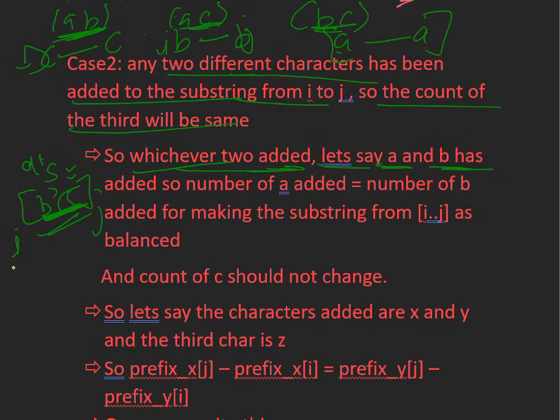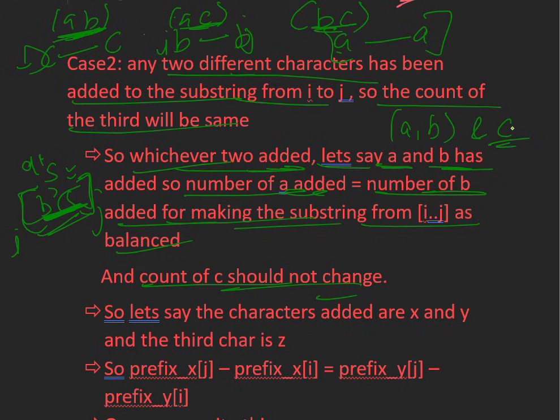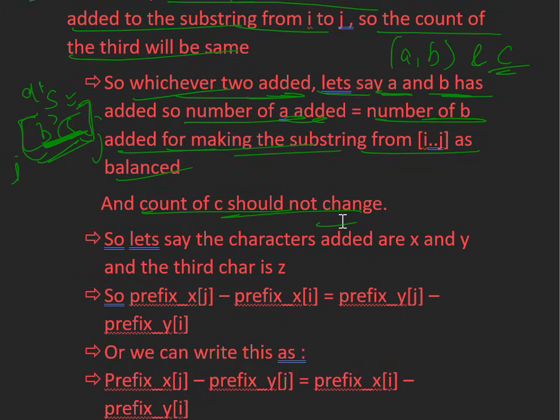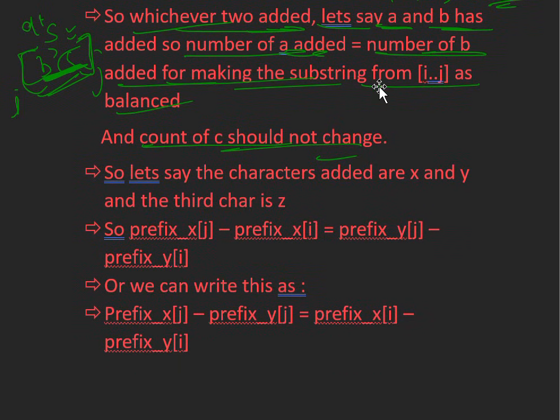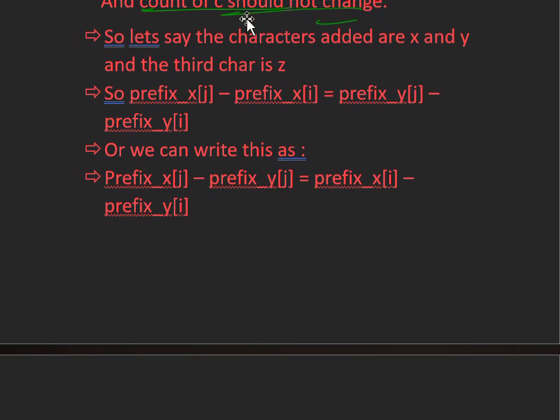Because no C is there in this string, so for this substring to be balanced, the number of A added equals the number of B added, right? And count of C should not change. I am taking the example as A and B added and C constant. So in this case, the number of A added is equal to the number of B added, and count of C should not change. So let's generalize it.